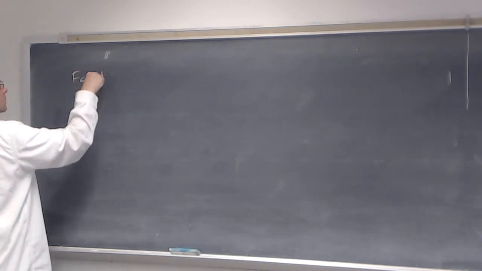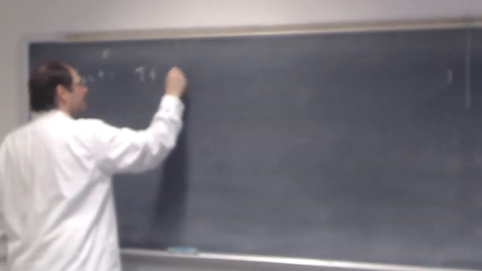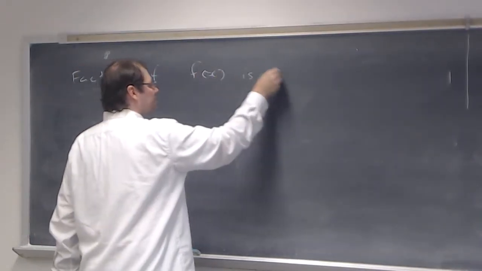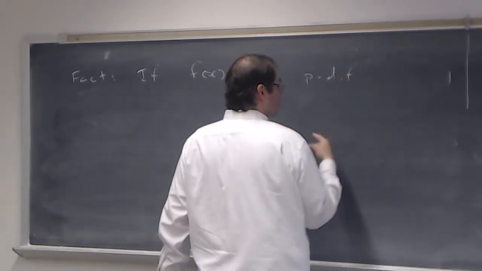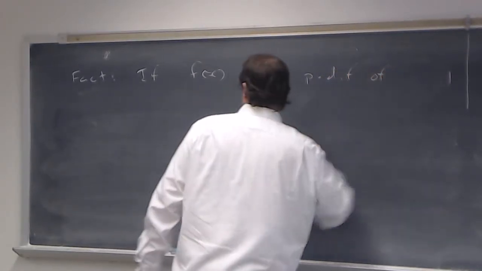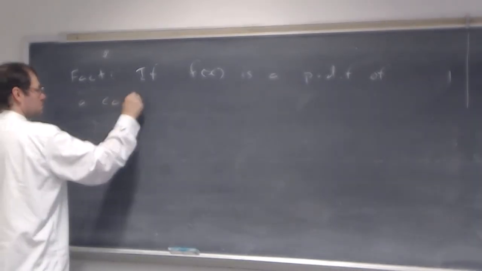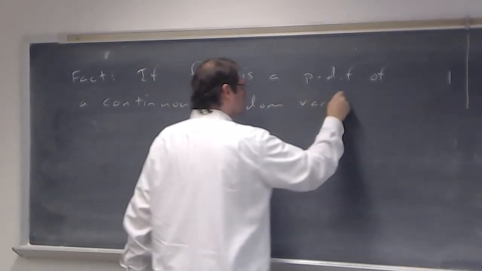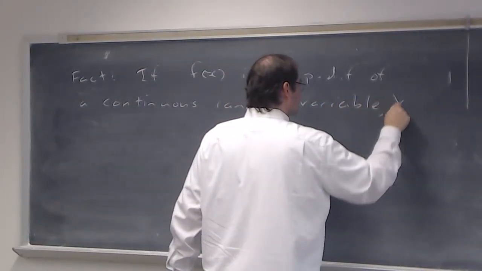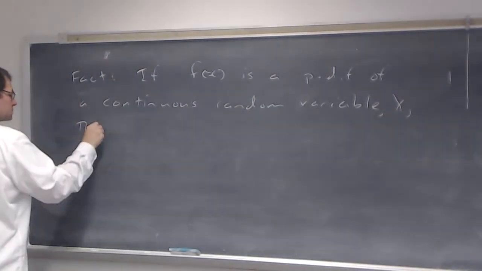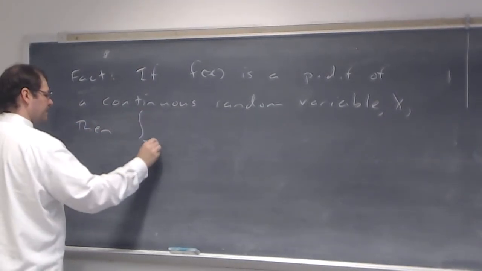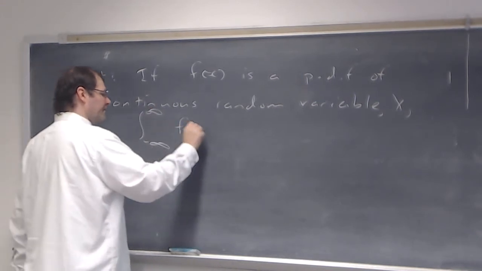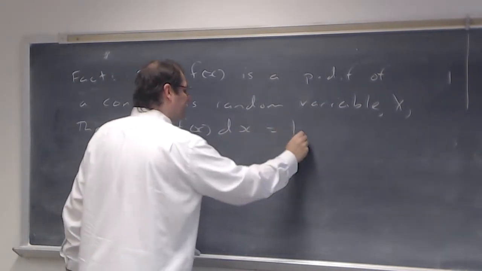Okay. So a fact is that if f of x is a probability density function, which we'll abbreviate PDF, of a continuous random variable x, then the integral from minus infinity to infinity of f of x dx has to be equal to 1.